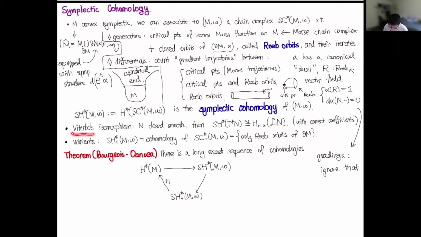And one thing to note is that we can regard the symplectic cohomology as some sort of generalization of the homology of the free-loop space.